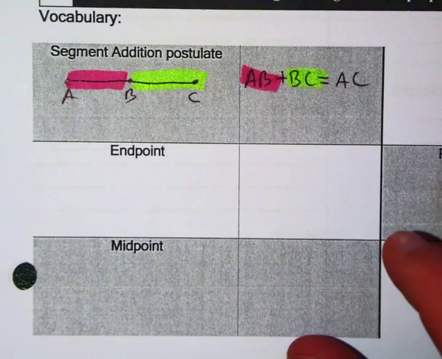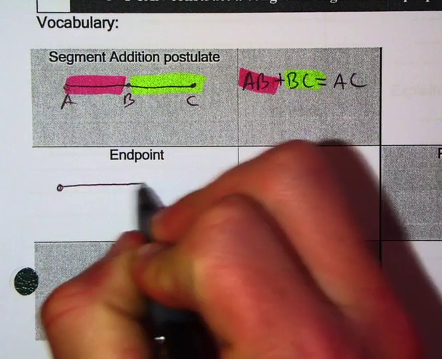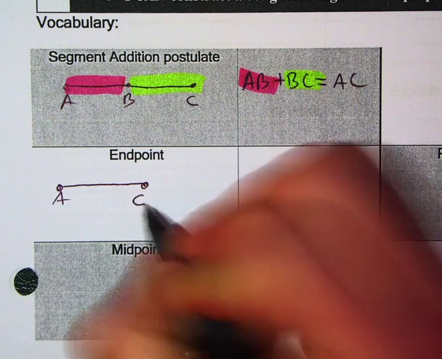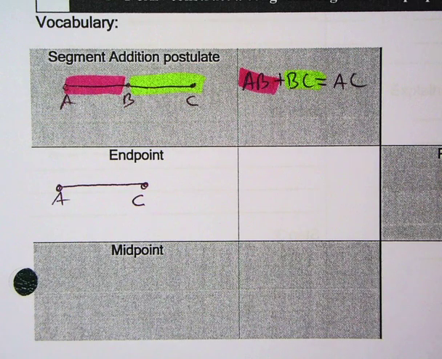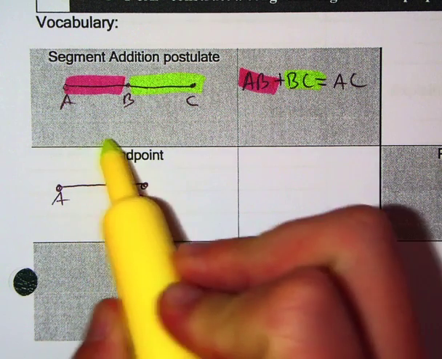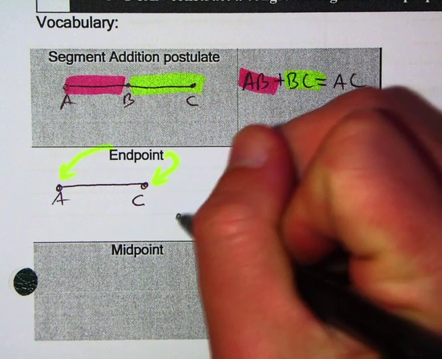Now, why don't we stay over here for a little while. An endpoint, if we took a single segment like this, AC, these would be endpoints right here. That's an endpoint. That's an endpoint. Maybe I can make a ray.